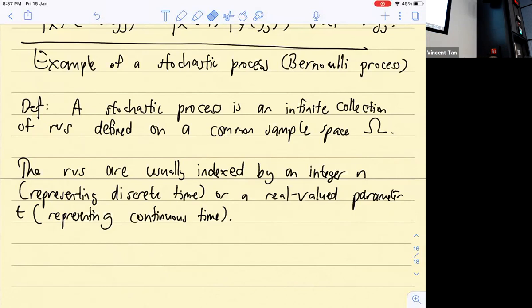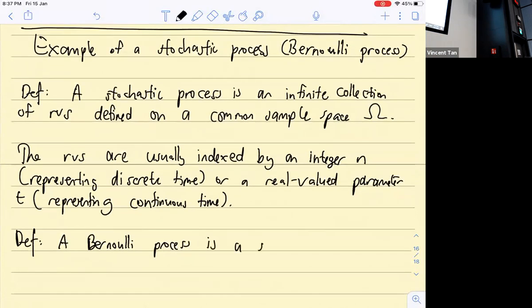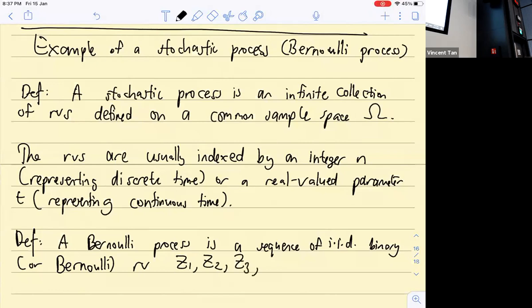Definition. A Bernoulli process is a sequence of IID binary random variables. A binary random variable is also called a Bernoulli random variable. Z1, Z2, Z3, and so on are a sequence of IID Bernoulli random variables.